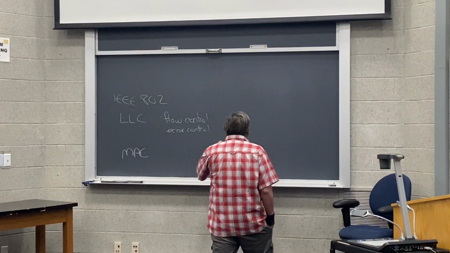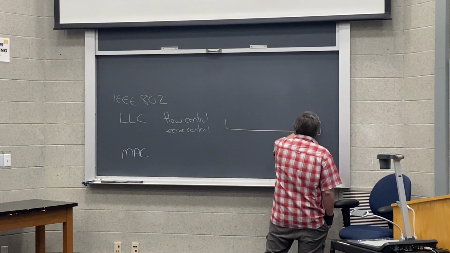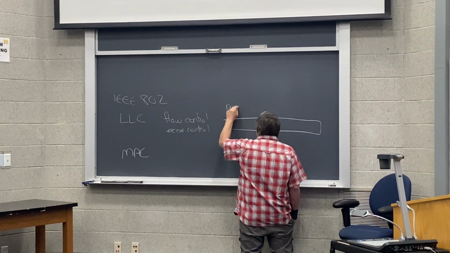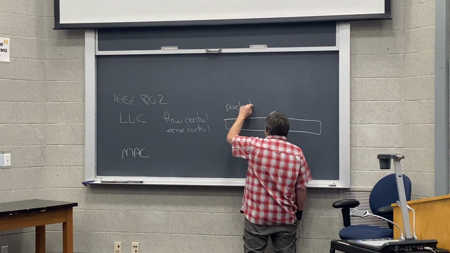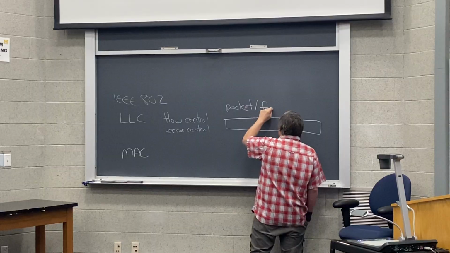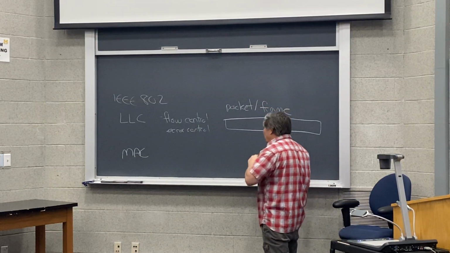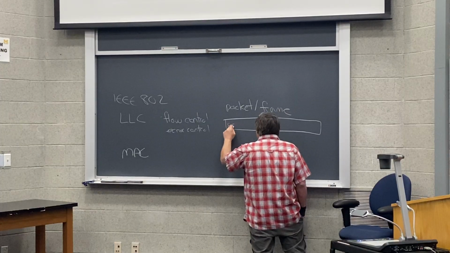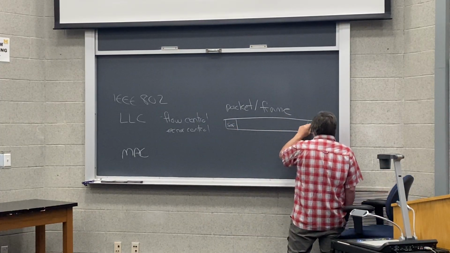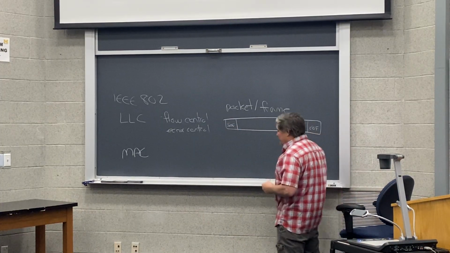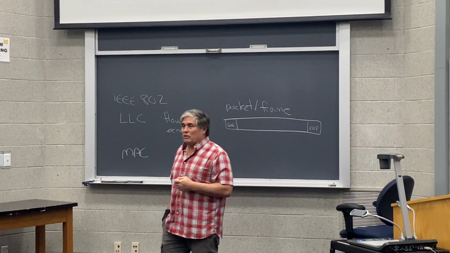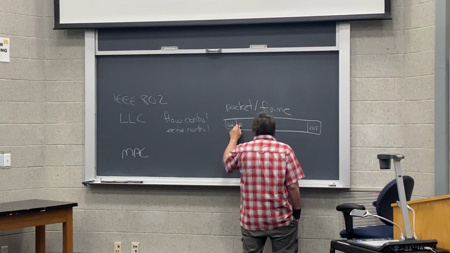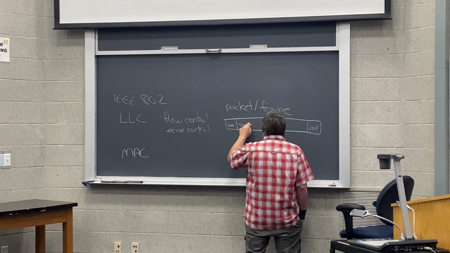One of the things that's defined at the LAN level is the packet or frame format. We start with the start of frame and the end of frame, which delimit the boundaries of the frame. Then we have a sequence number, if we're going to be reliable.